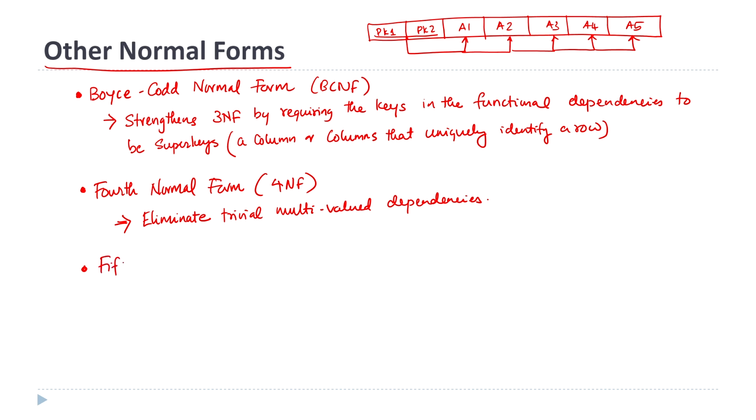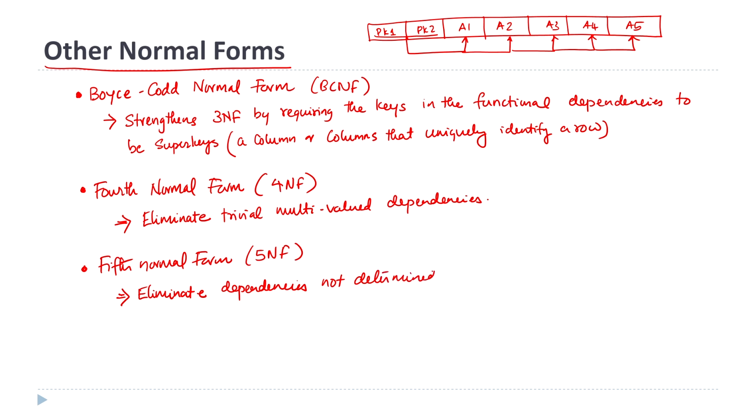Then comes the fifth normal form, 5NF, and the aim of this is to eliminate dependencies not determined by keys, whether it is a primary key or a super key. If there are any dependencies that cannot be determined by the keys, then eliminate those dependencies.